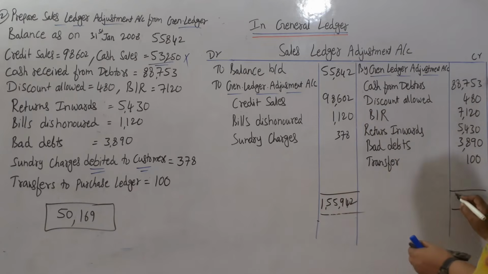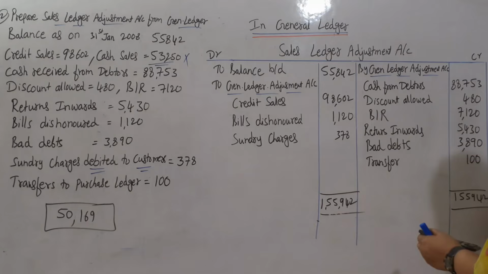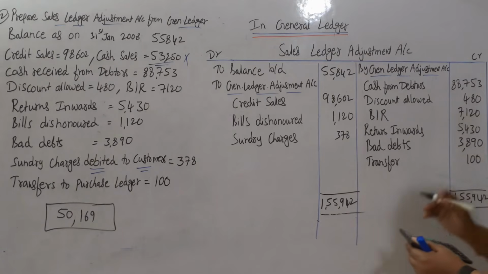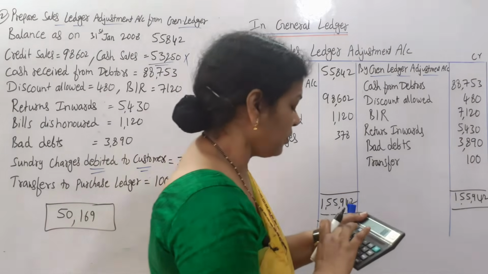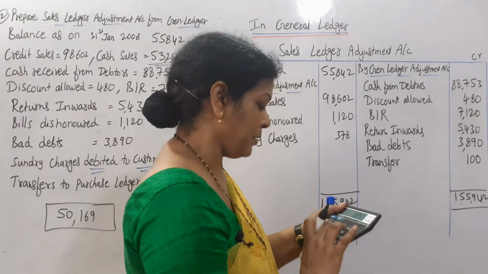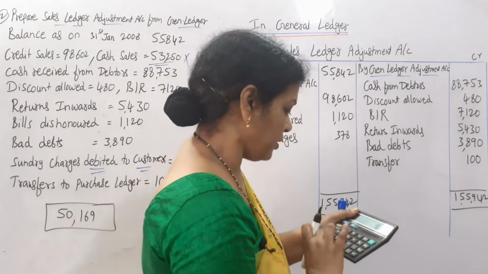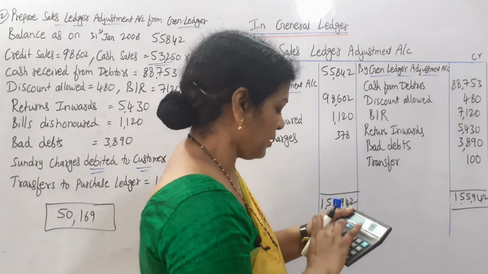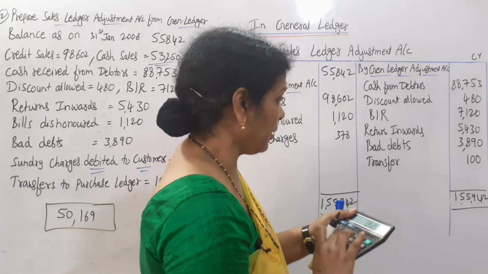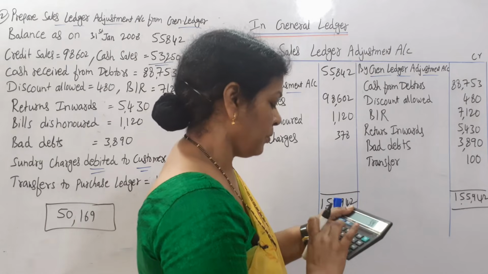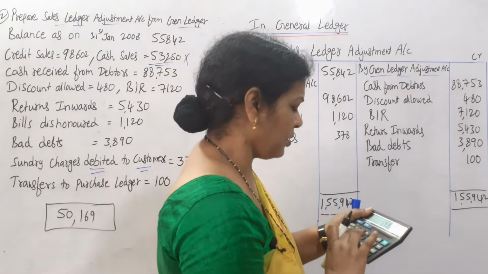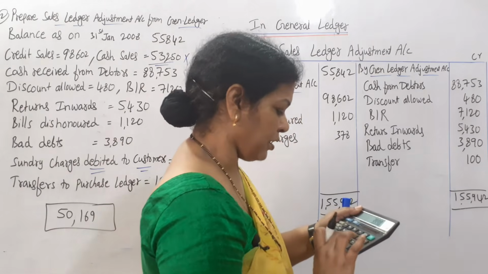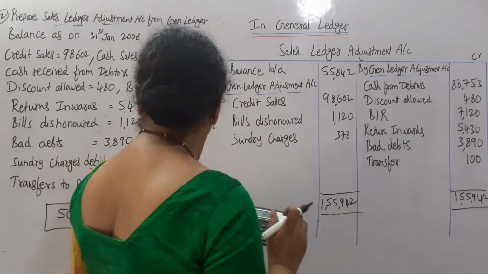So both the sides I'll write 1,55,942. So this minus the rest of the transactions. Minus 88,753 minus 480 minus 7,120 minus 5,430 minus 3,890 I'll take directly. So it's getting 50,169.